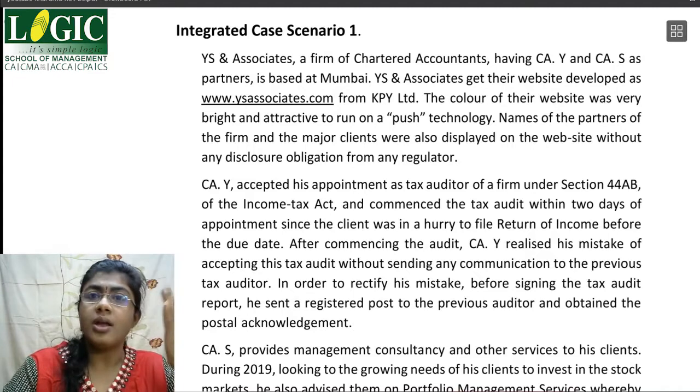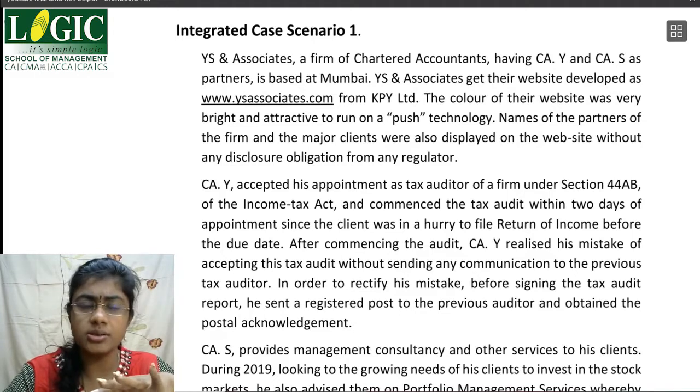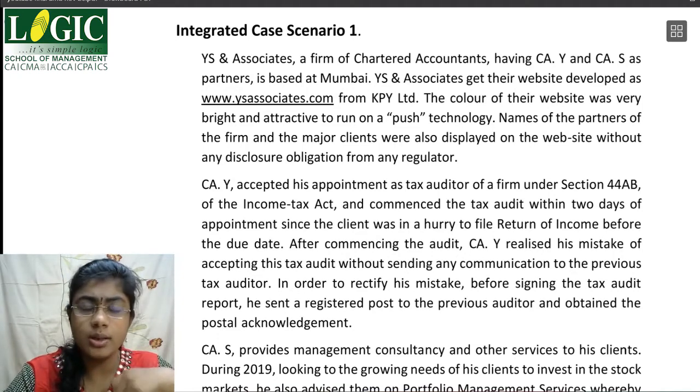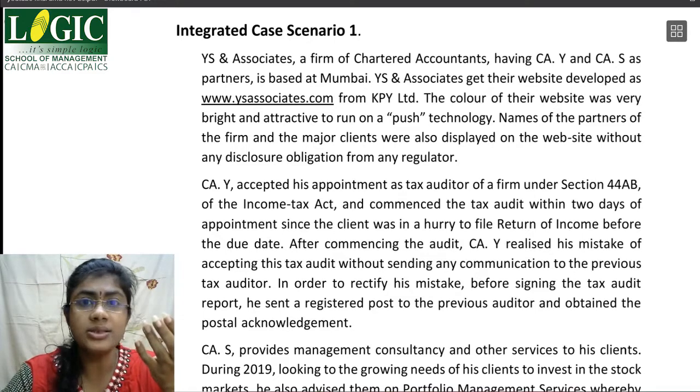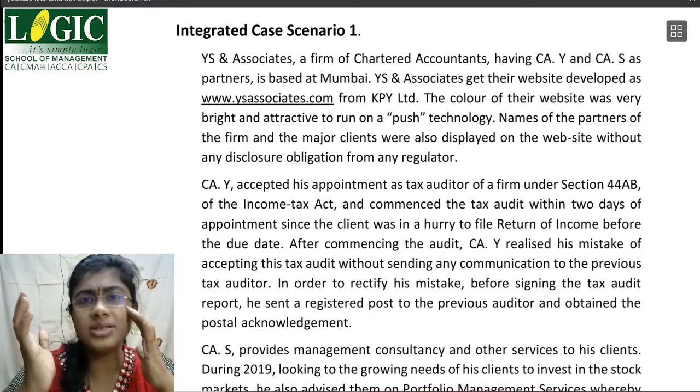Already from the May 2019 exams, we were having MCQ questions. MCQ questions would come for 1 mark or even for 2 marks. Now, from May 2020, ICAI has introduced the integrated case study. What is that?